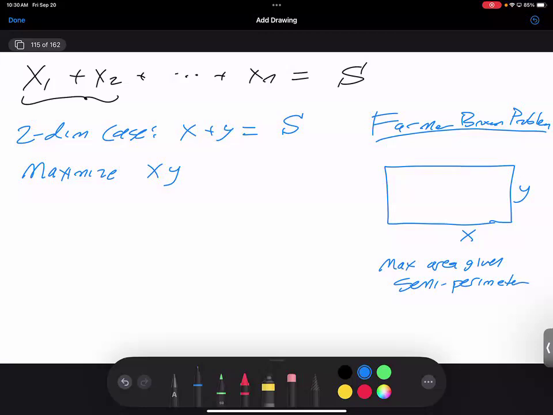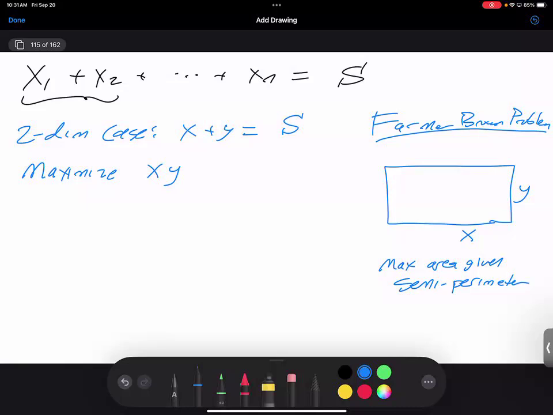This is a multivariable calculus problem, right? This is a constrained optimization. You can do Lagrange multipliers. But we can also reduce this to a one-dimensional problem. How can I rewrite x times y as a one-dimensional problem? In terms of x plus y. Right, and so what do I know about x plus y? It's equal to s.